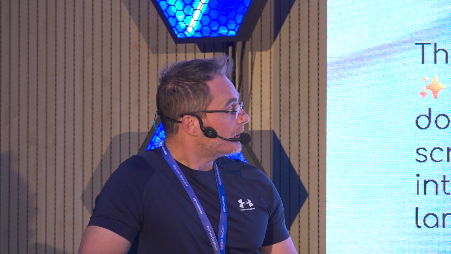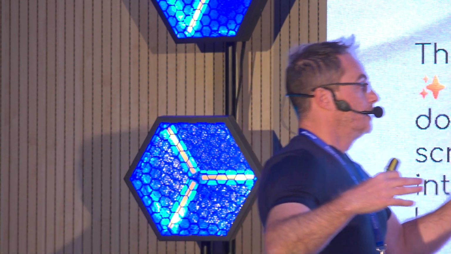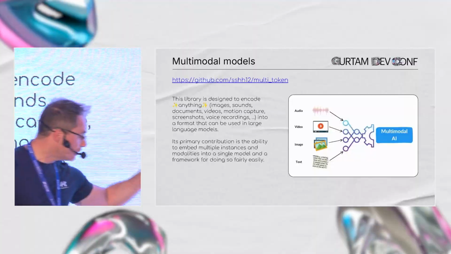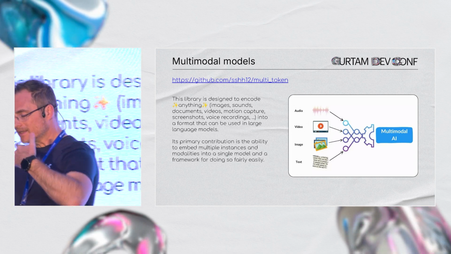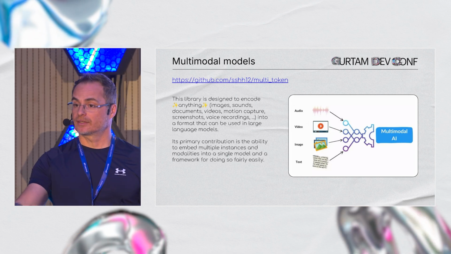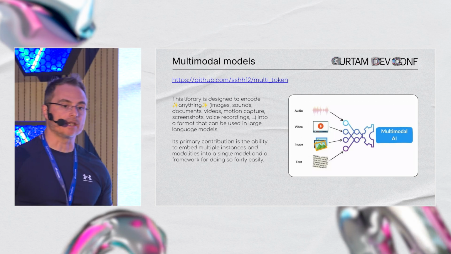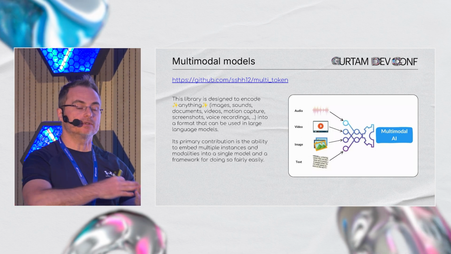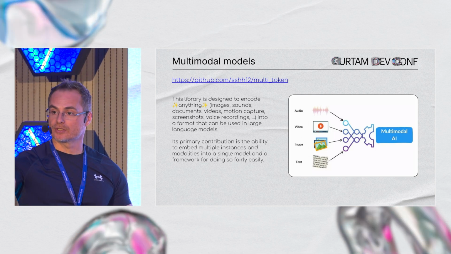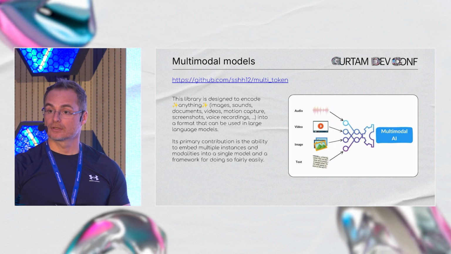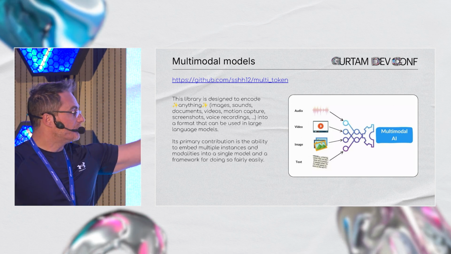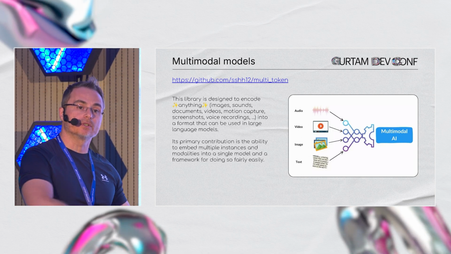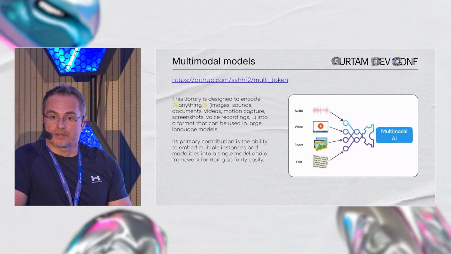So the idea is to find a way to convert a video, an image, or an audio into the same representation as the text. If I find a way to convert an image into the same format used for language, so into vectors, and the same for audio or whatever you want, I can use this kind of input with my large language models.